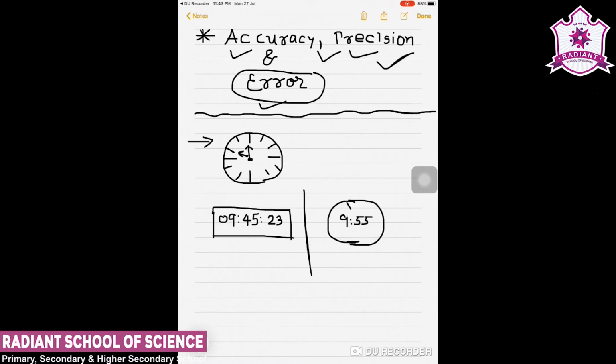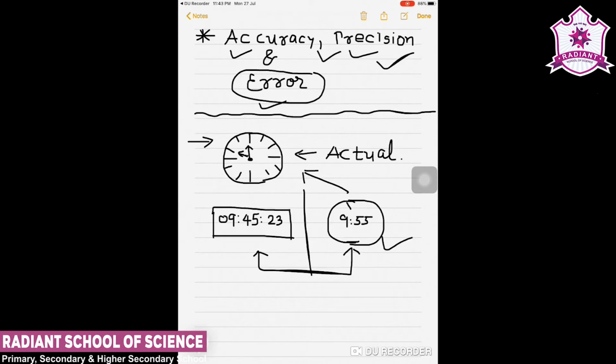Now here the terms accuracy and precision matter. What is the meaning of accuracy? The accuracy of a measurement is a measure of how close the measured value is to the true value of the quantity. That means this is the actual time, 10 o'clock.